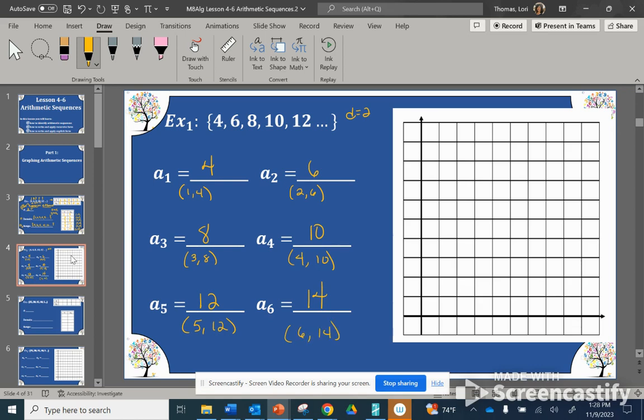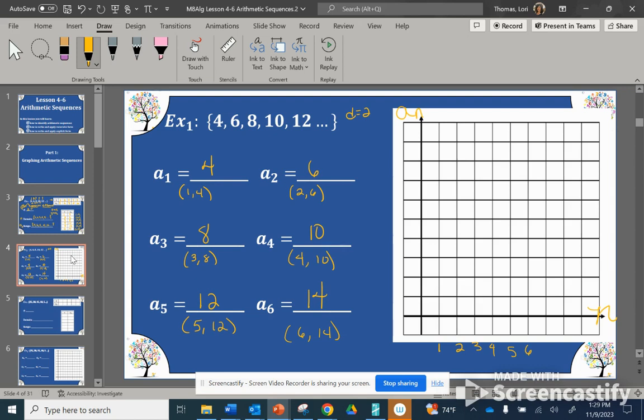So here is our x-axis, which is going to be our n values, and then our y value is A sub n. So these are our position numbers, and these are the actual sequence values. So I'm going to have a 1, 2, 3, 4, 5, 6, and so on.